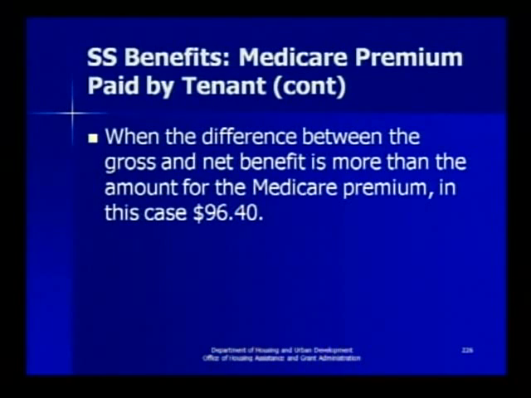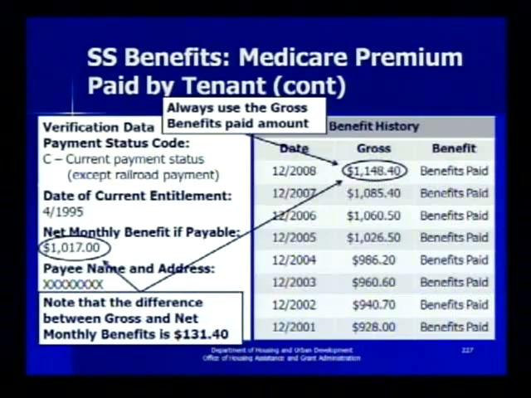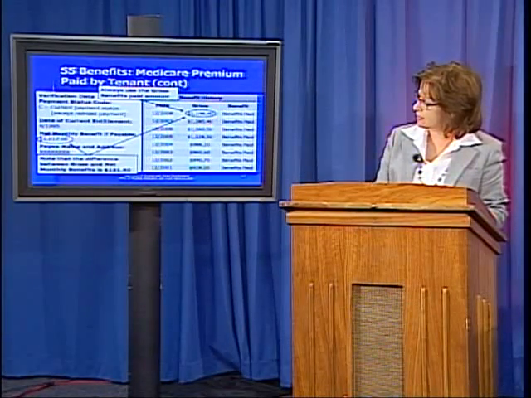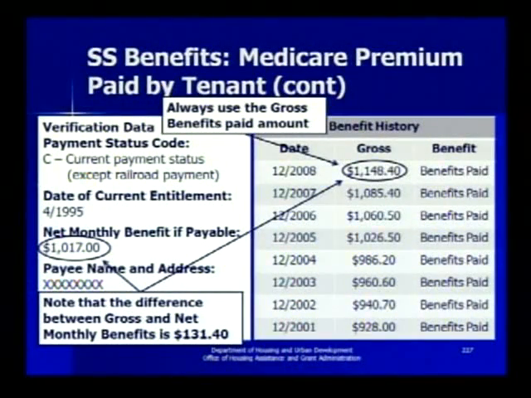Now, there are times you may notice when there's going to be a difference between the gross and the net benefit amount, which is more than the $96.40. So let's just take a little look at what's going to happen and how we're going to treat this. This is a particular situation where you can see the gross amount of $1,148.40 and then the net benefit amount of $1,017.